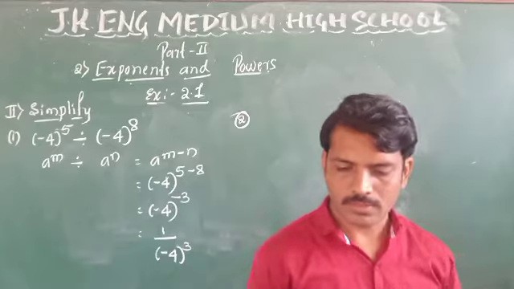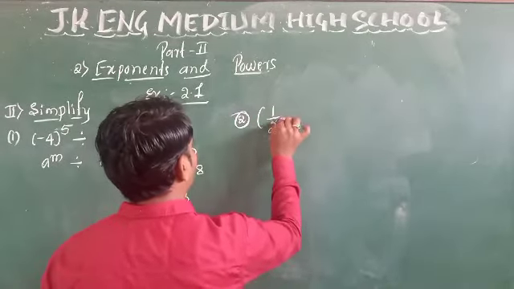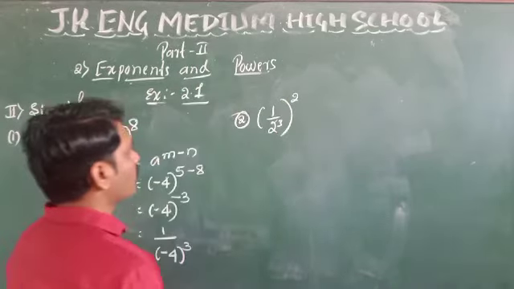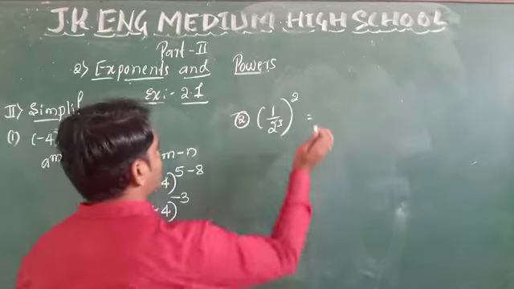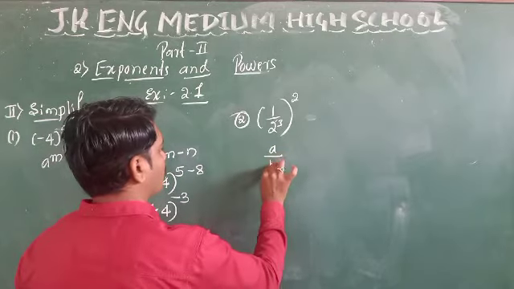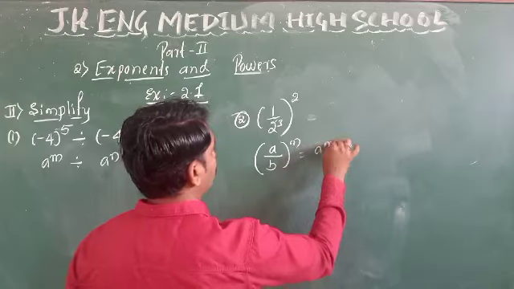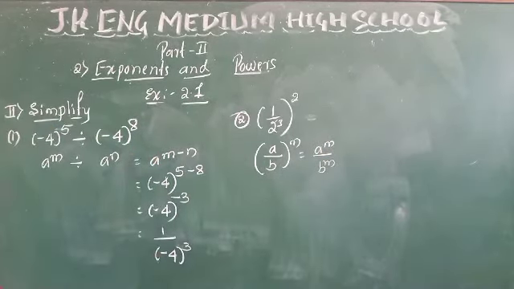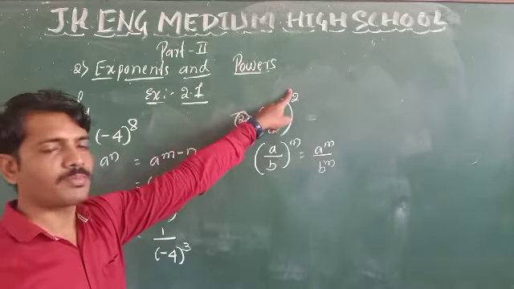So let us go to question number 2. Question number 2 is 1 divided by 2 to the power 3, whole to the power 2. How to simplify this? The question is in the form of which one? A by b whole to the power m is equal to a to the power m divided by b to the power m. 1 to the power 2, 2 to the power 3, again to the power 2.